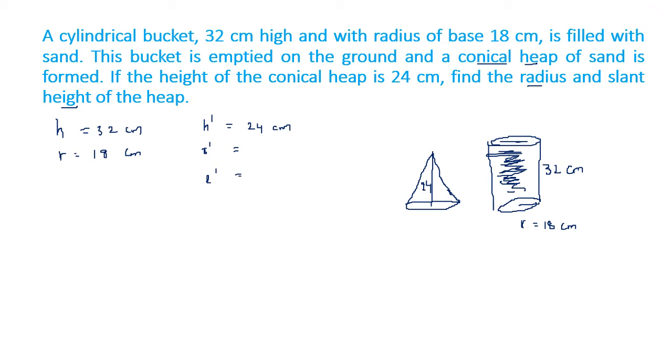Now since you are just emptying the cylinder outside into the heap, the volume of both should be the same. So we should have volume of the cylinder bucket equal to volume of conical heap.